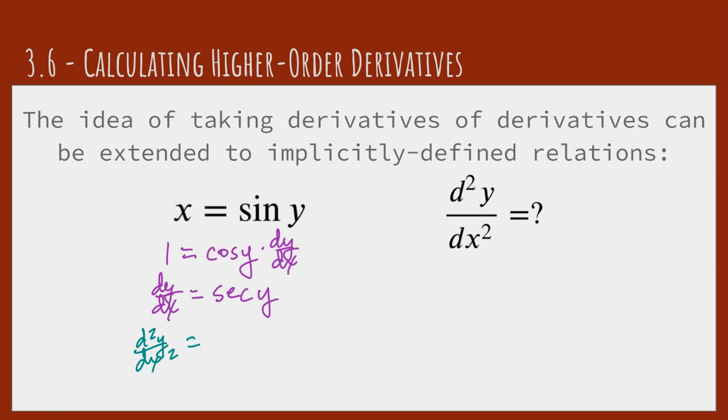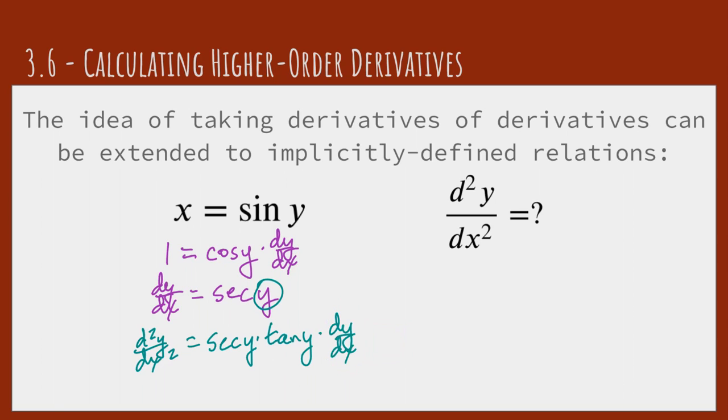So derivative of secant is secant times tangent. But then I have to multiply by the derivative of the inner function. Remember, I'm taking the derivative with respect to x, but I have a y here, so I'm going to have to multiply by dy dx. So notice here that our second derivative is written in terms of our first derivative. So our second derivative is secant of y times tangent of y times dy dx.